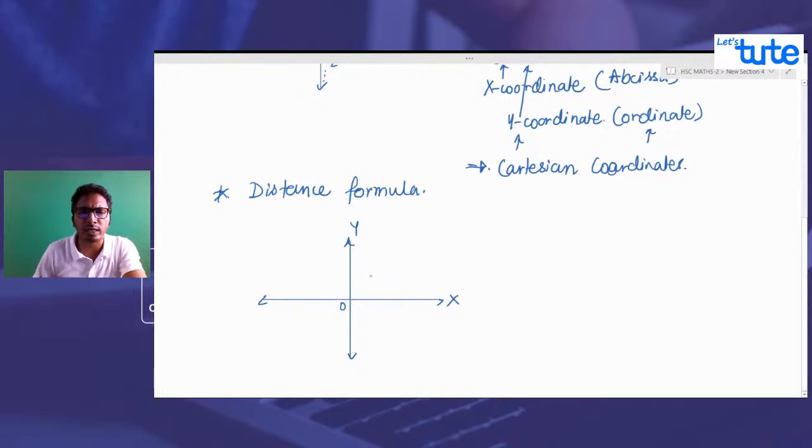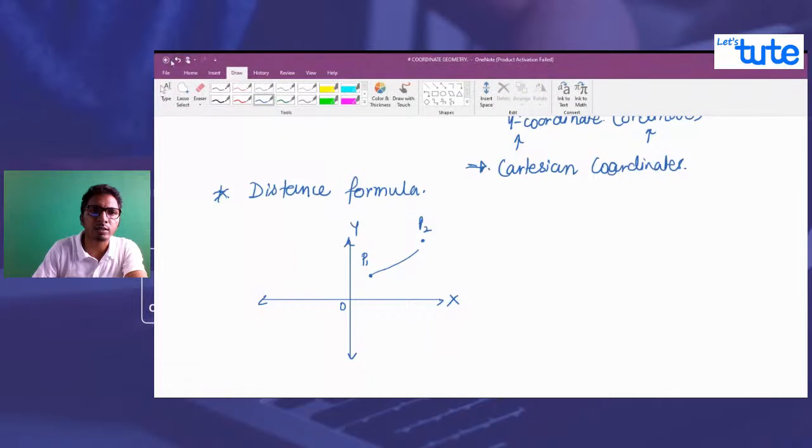We have two points. Let us say here is one point, and here is the second point. Let me say this is P1 and this is P2. So basically point 1 and point 2. And I want the distance between them.